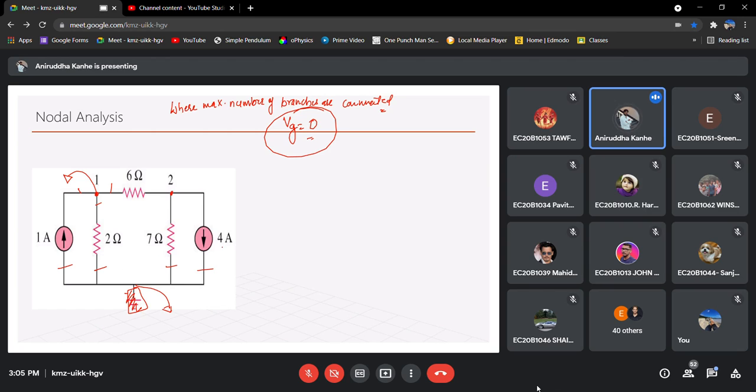You can take any node as the ground node, but you should take that node where the maximum number of branches are connected, to make your calculation easier.